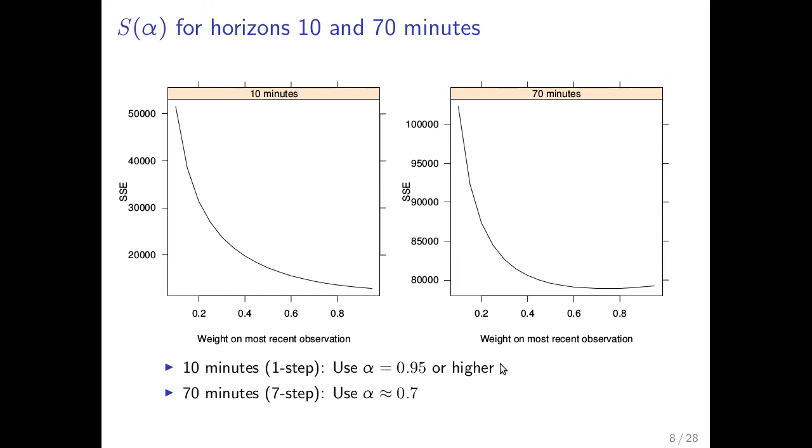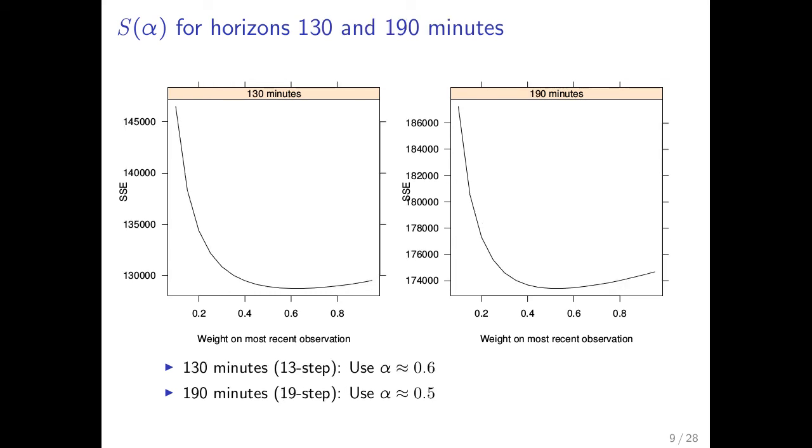But now, when you go to longer horizons, the optimum changes a little bit. It never goes down, for this case, to be very small, because there should always be a significant weight on the most current observation, for wind speeds at least. But we see that the longer the horizon, the less weight you have on the most recent observation. And by intuition, that's also quite good.